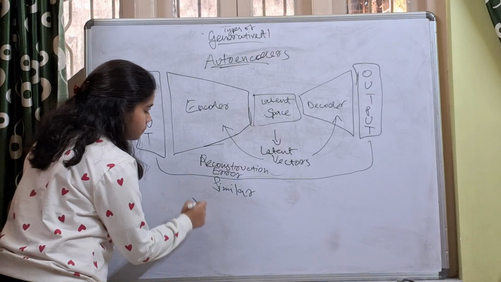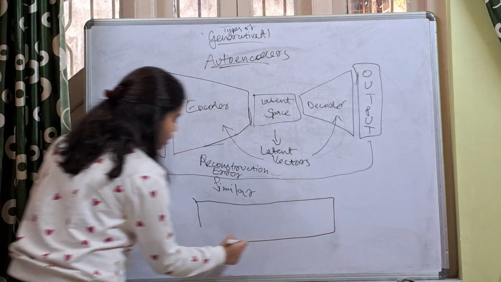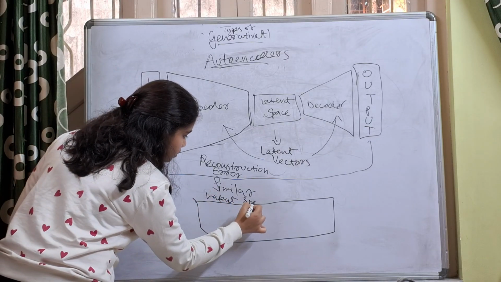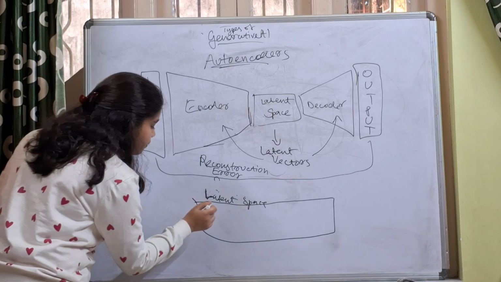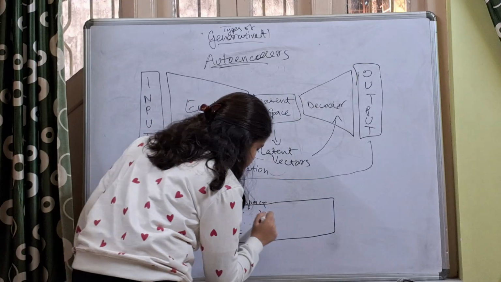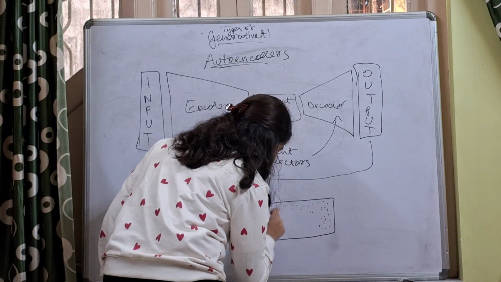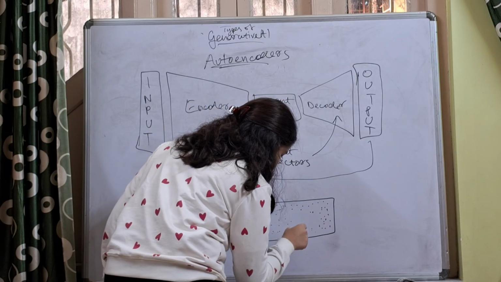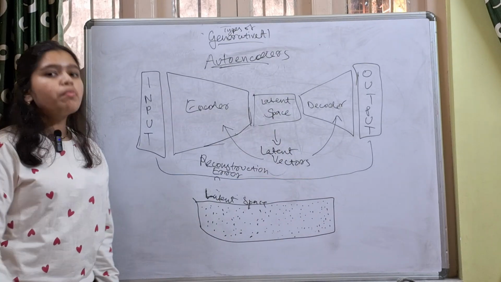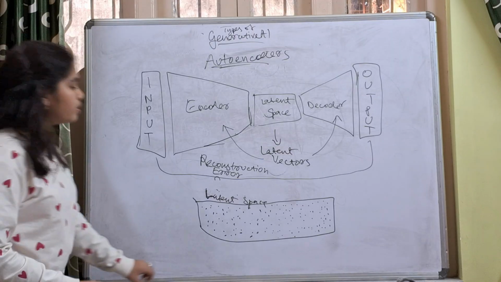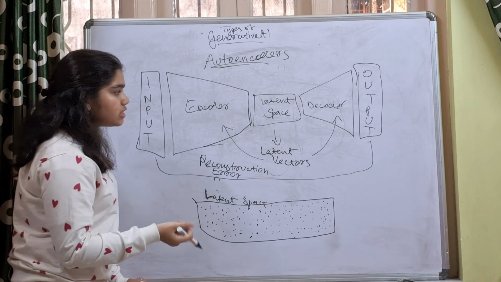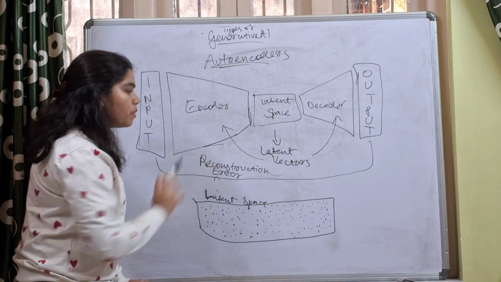If you expand the latent space, you will see there are various points, a lot of points are there, and all the essential features of the cat are stored in the latent space in the form of latent vectors.